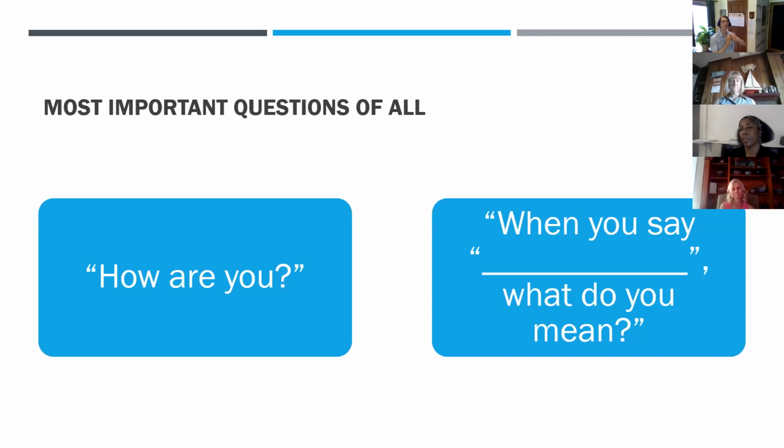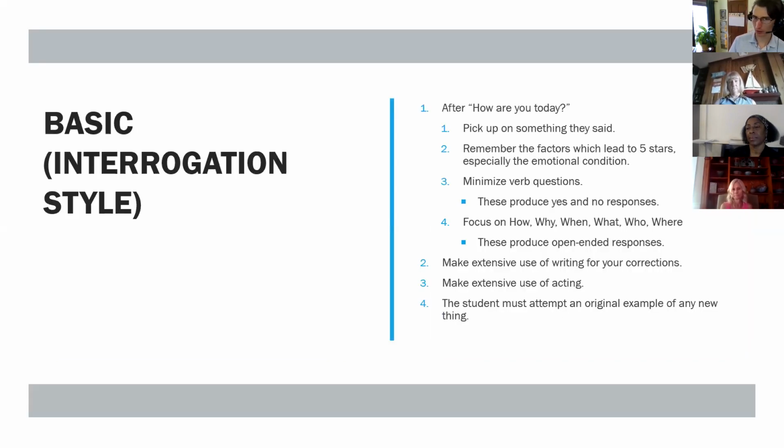If they say something vaguely, and you want to understand, well, what do you mean when you say this? Then they can evaluate what they said and understand it better themselves, and you gain a better understanding also. So I think that is one of the most useful questions in English teaching. When you say blank, what do you mean? Probably you should teach it at the basic level.